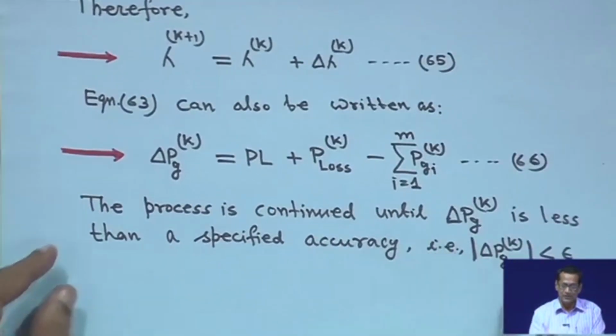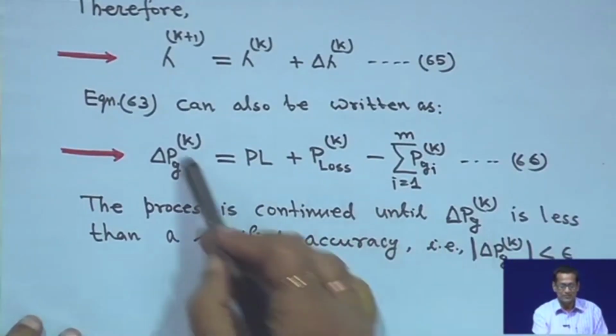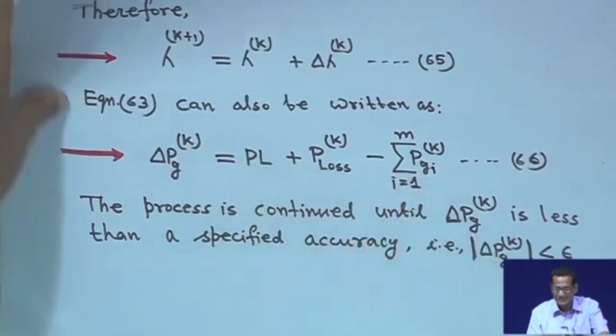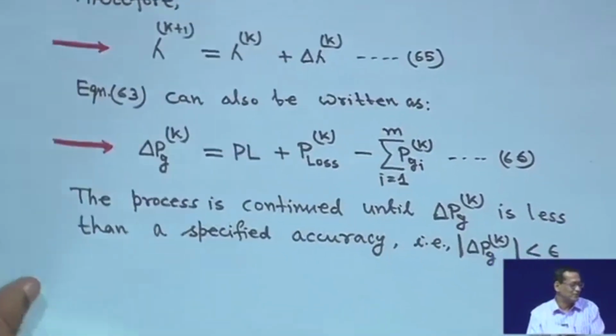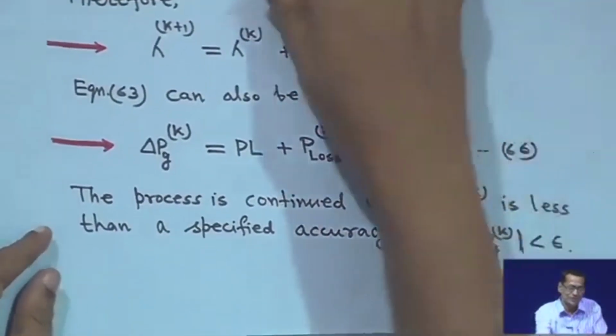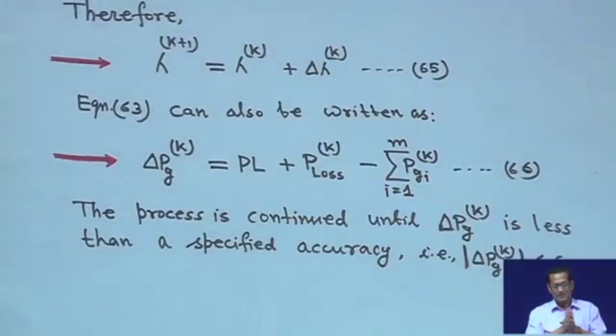This process will continue till the summation of this absolute difference is less than epsilon, then the solution has converged. So, whatever we have done, we have to determine λ iteratively, with loss and without loss. Without loss things seem to be very simple, and with loss some more terms are added, that is the loss term.